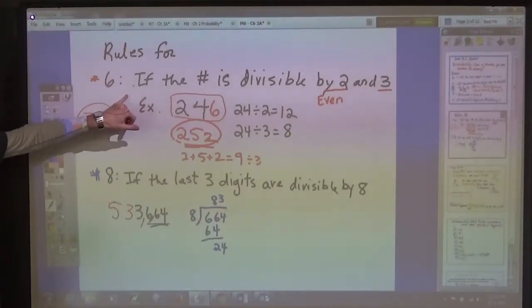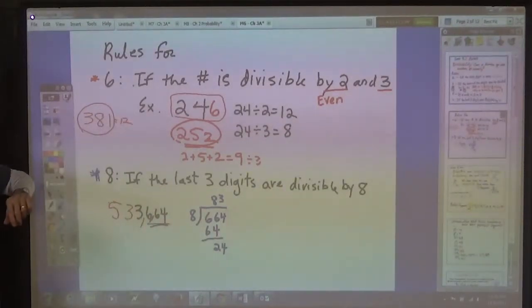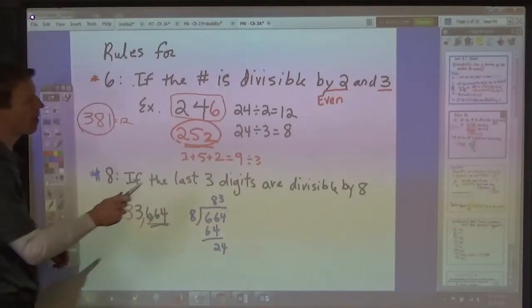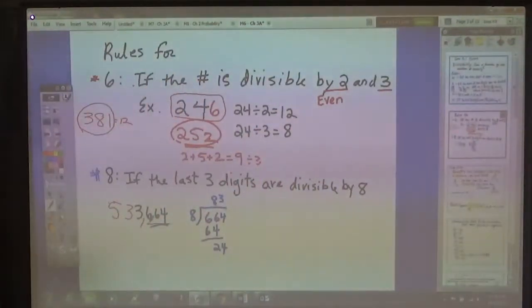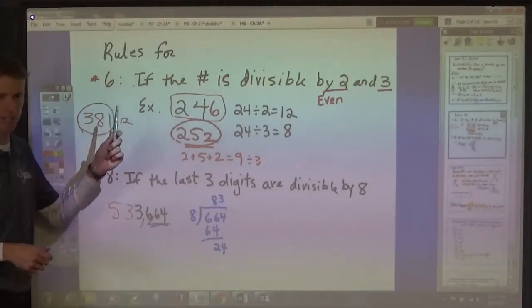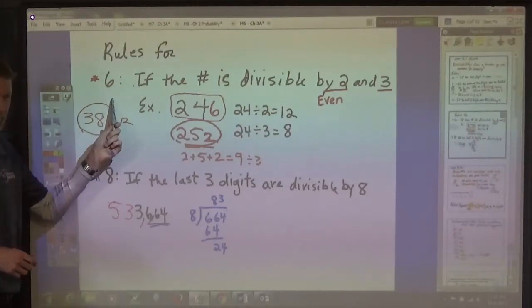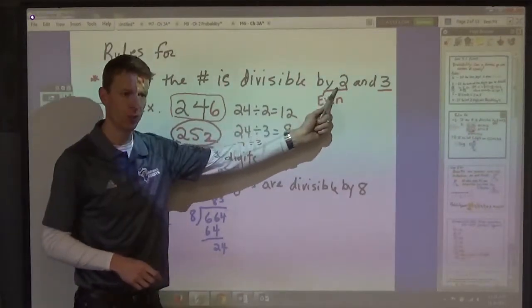The rule for 6 is if the number is divisible by 2 and by 3, then the number is divisible by 6. So odd numbers cannot be divisible by 6 because they're not divisible by 2.